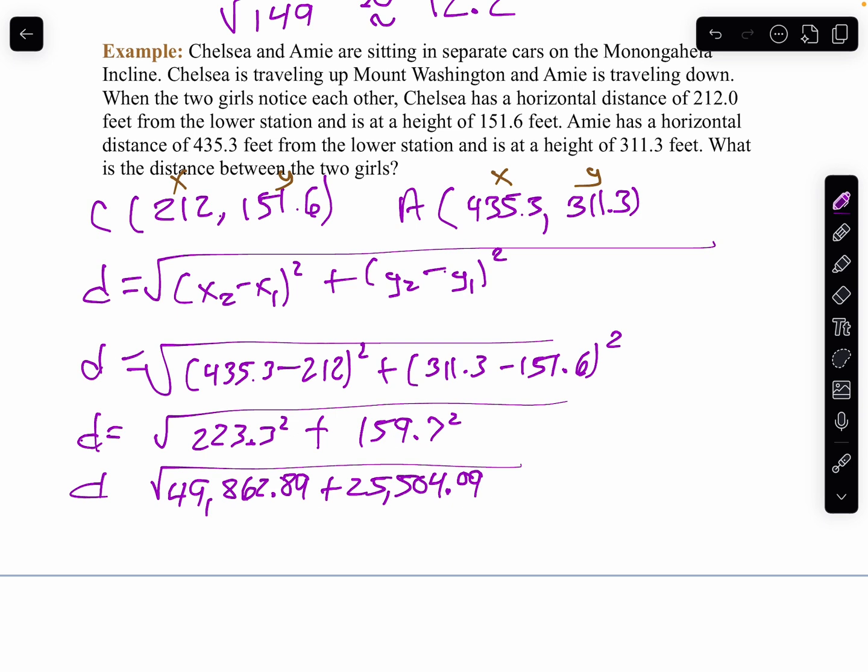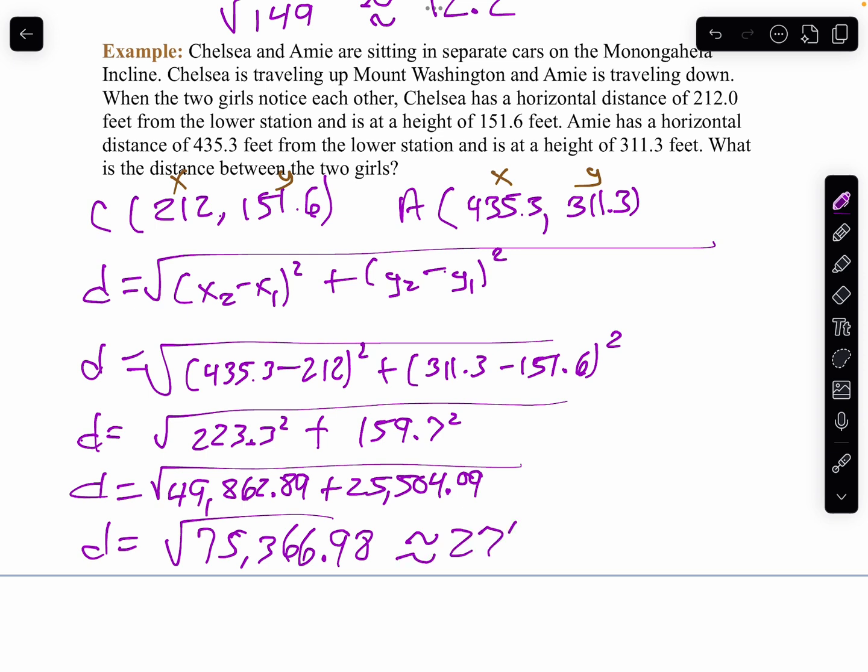And then if we add those up, we'll get the square root of 75,366.98. That seems just big old numbers. So when we do that, we get 274.5.